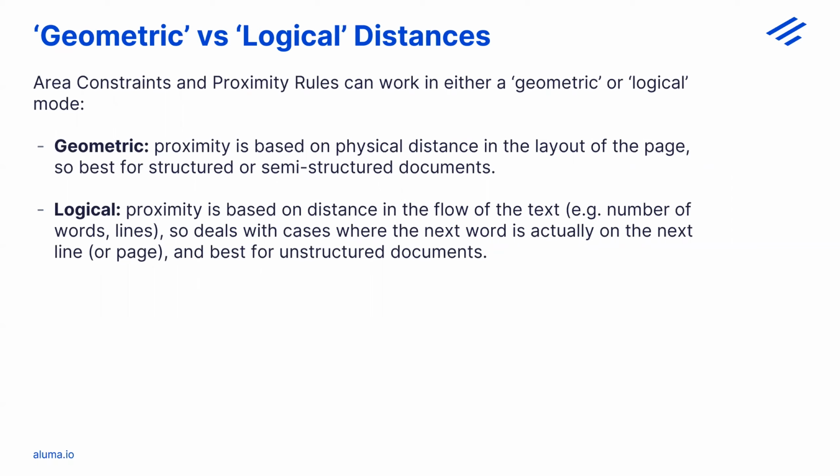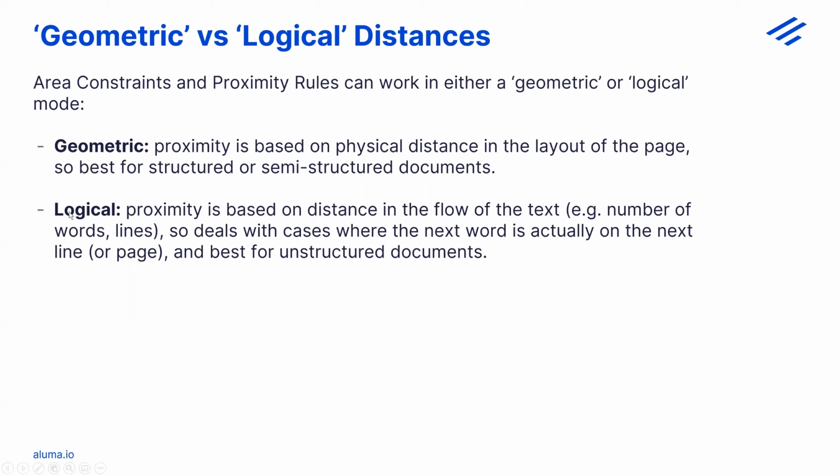In other words, you're dealing with millimeters or inches or a percentage of the document width. But there's also, which is very powerful when it comes to totally unstructured documents, the concept of a logical distance, which is more about how many words are these apart, how many lines are these apart, are they on the same page, those kind of things.